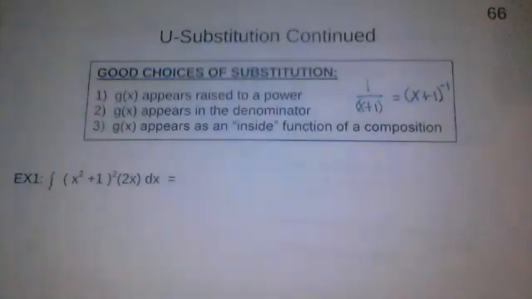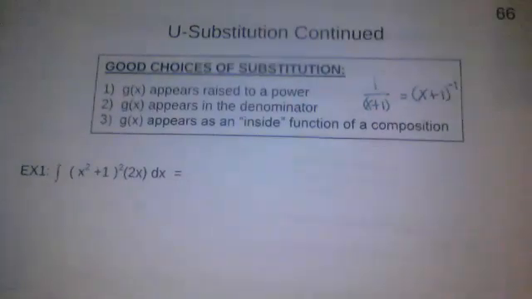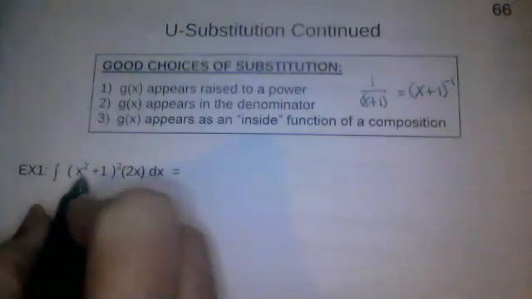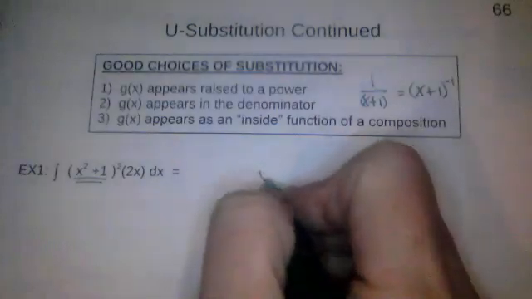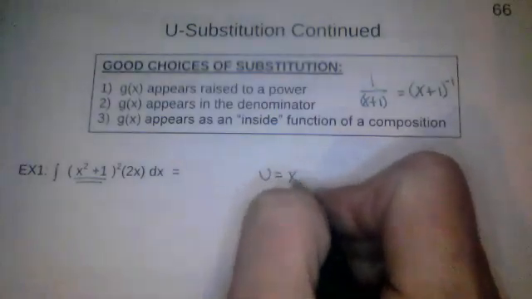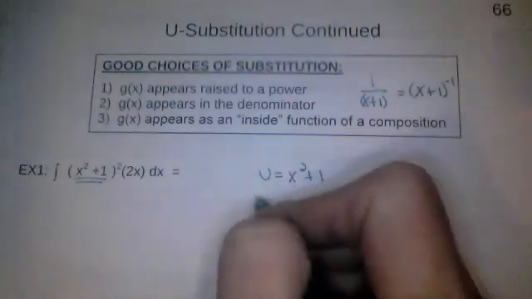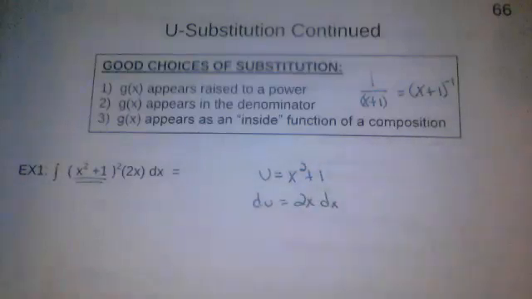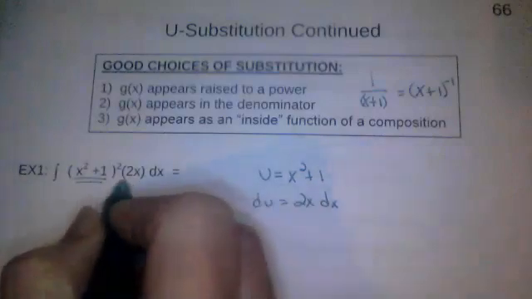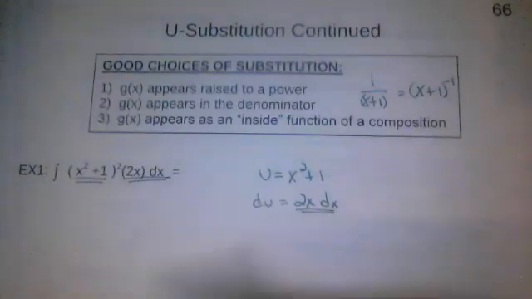So we're going to take a look at some of these and choose our U value, work them out just like we did yesterday. So in example 1, it looks like our inside function is going to be the x squared plus 1. So we're going to let U equal x squared plus 1. So the derivative of U is going to be 2x dx, and it looks like that matches up really well for us on this one.